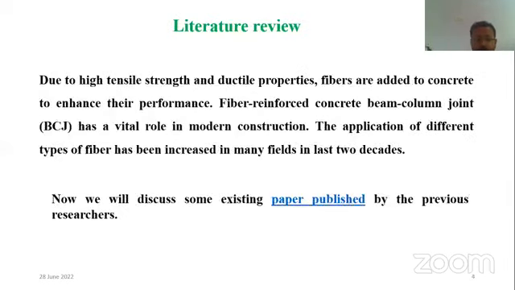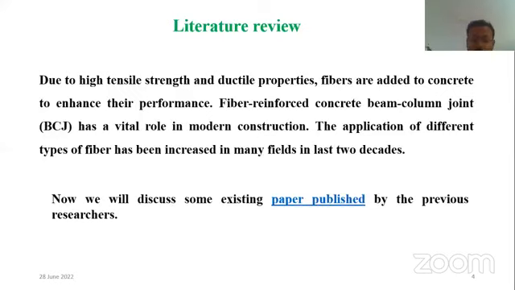So in this study, we have seen that several researchers are using different kinds of fiber in their concrete. Due to the high tensile strength and ductile property, the fibers are being mixed with the concrete to enhance the overall performance.